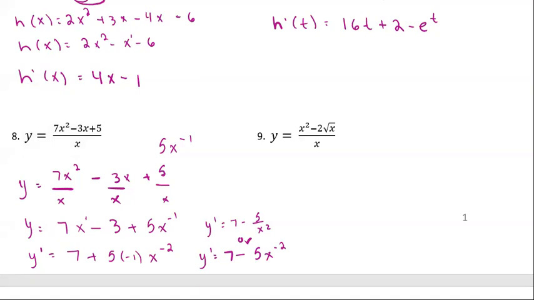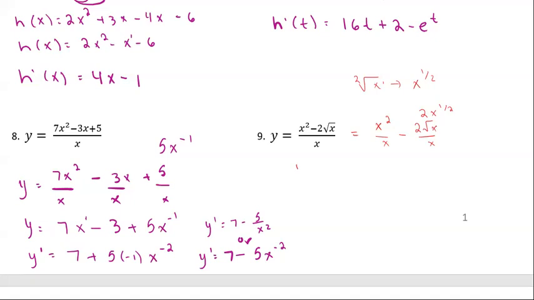Same thing for this one. Let's rewrite what we have. So this can look like x squared over x minus 2 times the square root of x over x. If we simplify this down, the square root of x is x to the 1/2, so we could write this as 2x to the 1/2. Remember that if you have the square root of x, here's the 1, here's the 2, you can switch that to the 1/2 power.